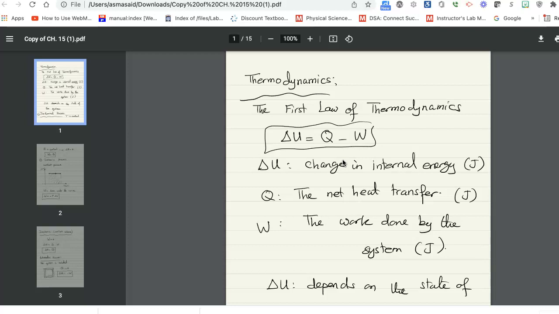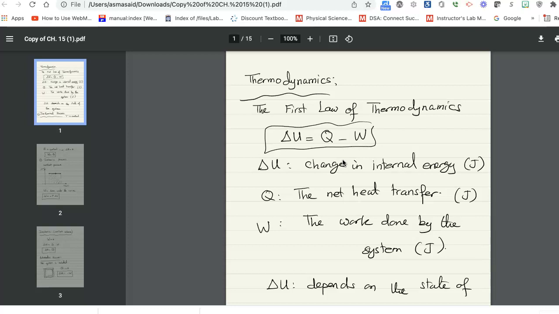I can apply work, and that work is going to be converted into heat or changes in internal energy. Or if heat is removed from or added to the system, this is going to make the system capable of doing work, or is going to change its internal energy. Now, these are the terms that we are going to use.